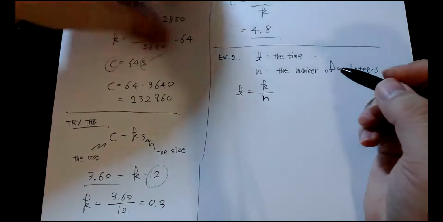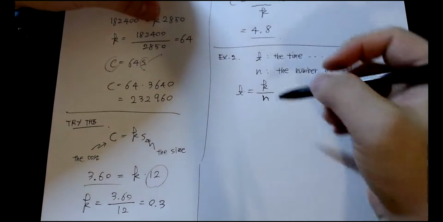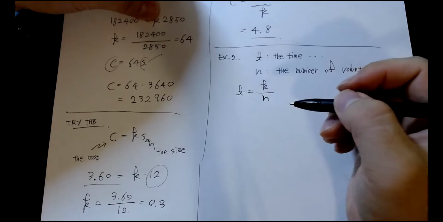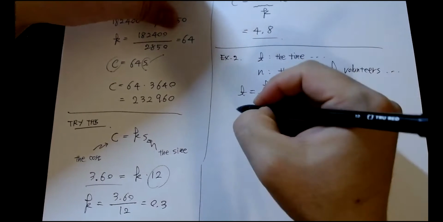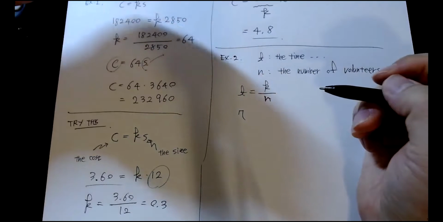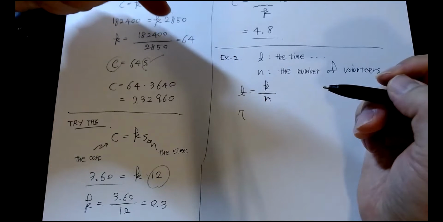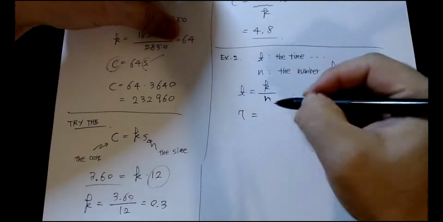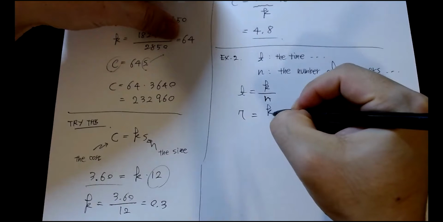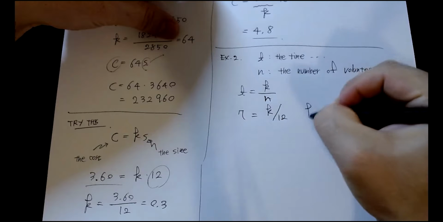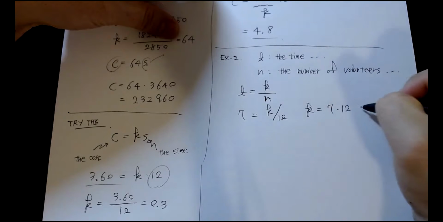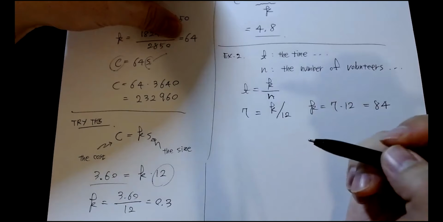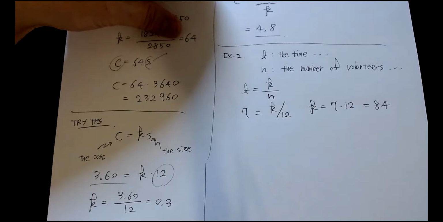Then they give information to find k: 12 volunteers could complete the job in 7 days. So we plug in 7 into t, and here we can tell the unit of time is days. So 7 is equal to k over 12, right? So k is 7 times 12, which is 84.